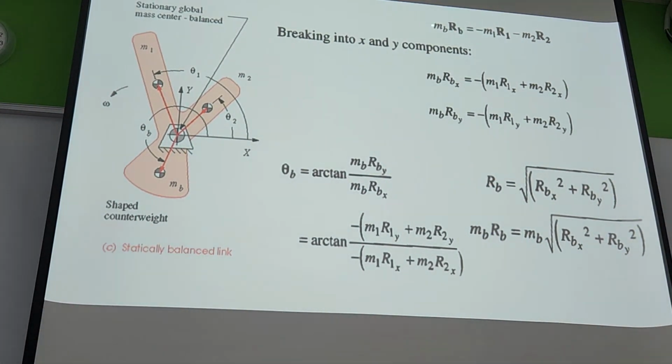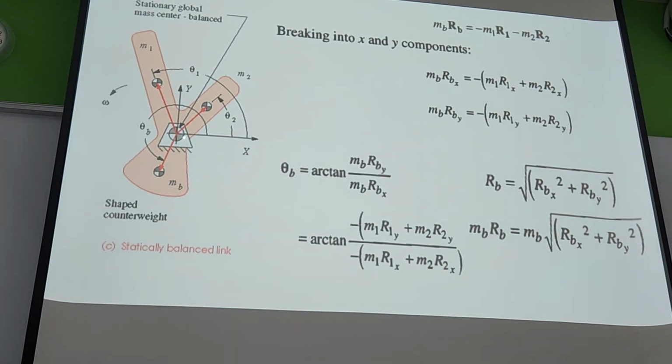Now this is a vector equation. r1, r2, rb are all position vectors. So you can write the x component of this vector, then the y component of this vector. These two are the scalar equations. So the top one is the vector equation, these two are the scalar equations. Now from these two, you can write the position vector rb. rb is the unknown, this length.